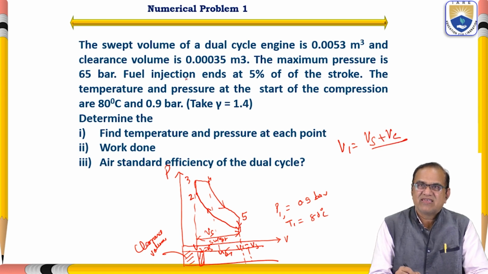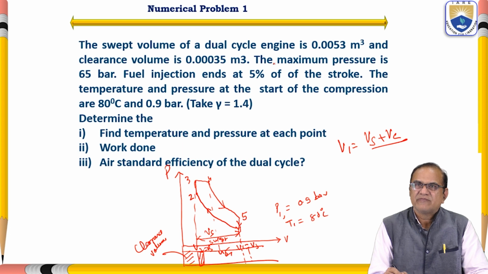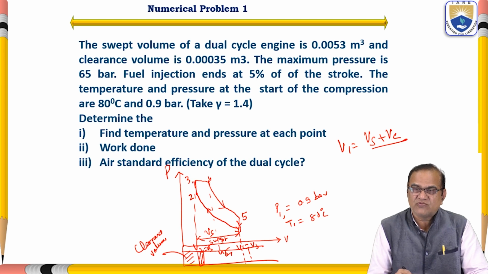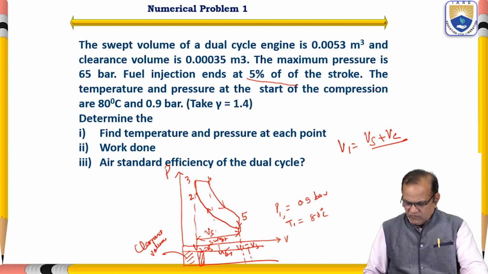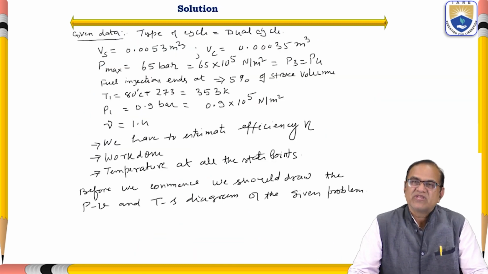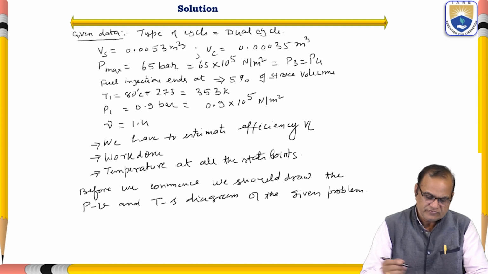And the fuel injection ends at 5% of the stroke volume. So V4 minus V3 is equal to 0.05 of Vs. That we have to take care of, and we will proceed ahead with the solution of this problem.